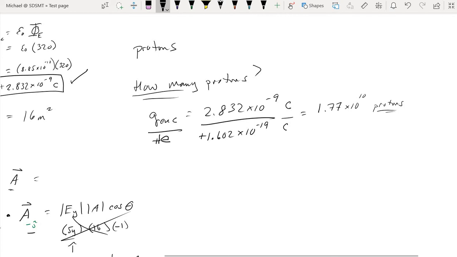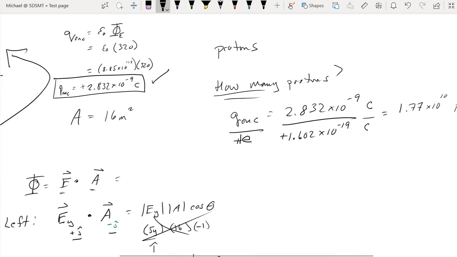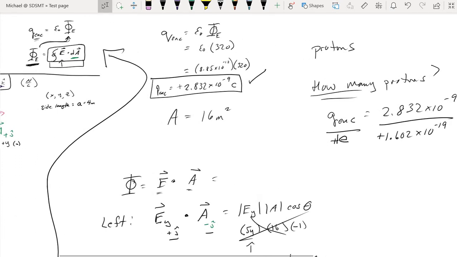So about 17 billion protons bouncing around inside of that cube.